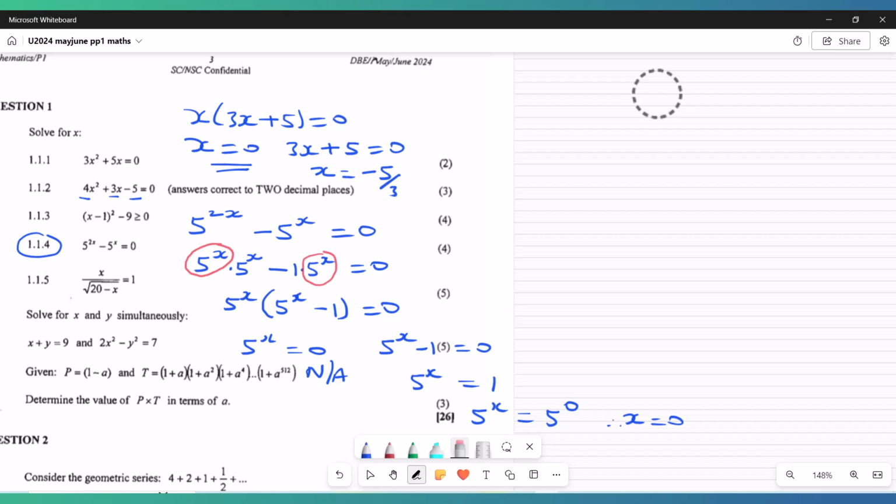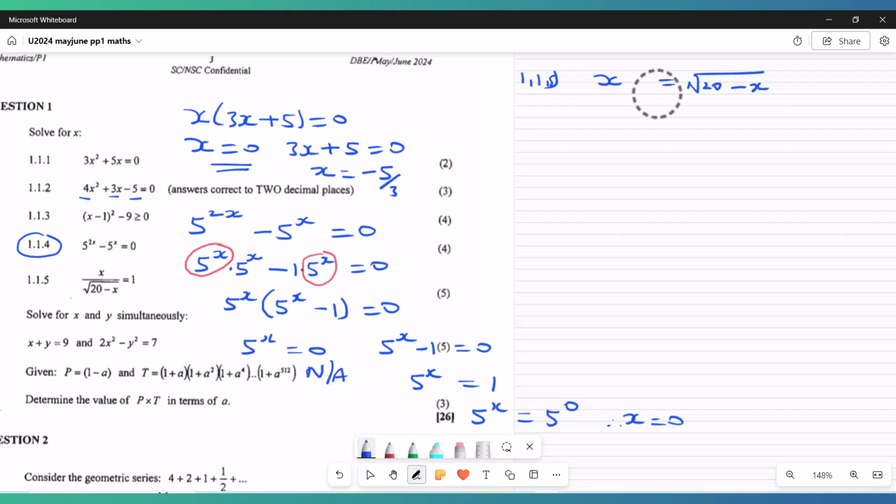So here we go. Now, if I cross multiply, I'm going to have x equals 1 times the square root of 20 minus x.